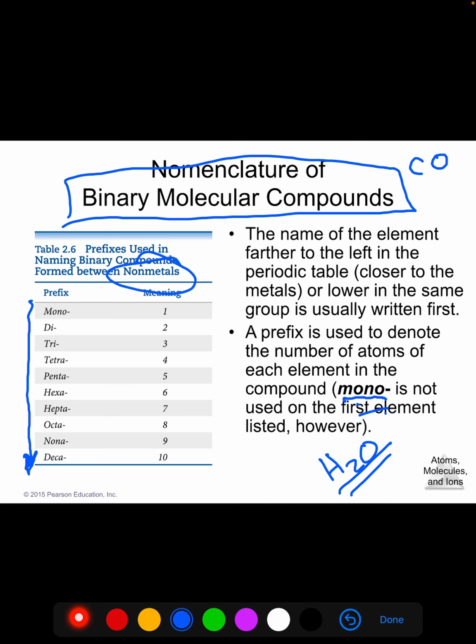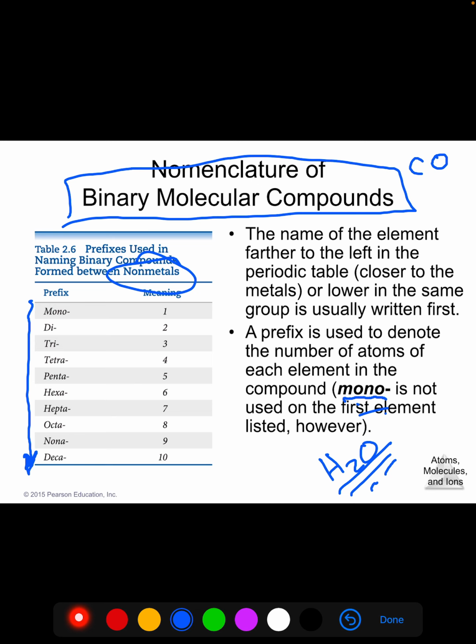And many compounds, common chemical substances, have trivial names that are accepted. And you would maybe be correct saying dihydrogen monoxide for your water, but people would look at you funny.